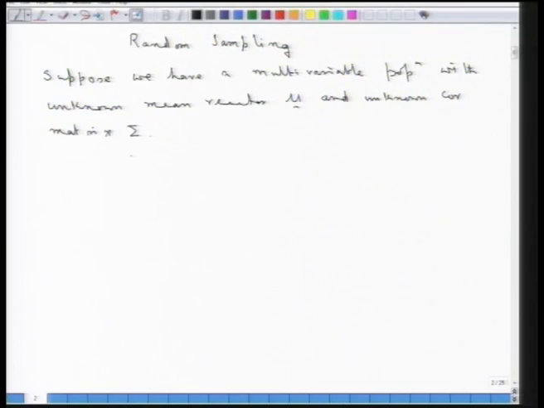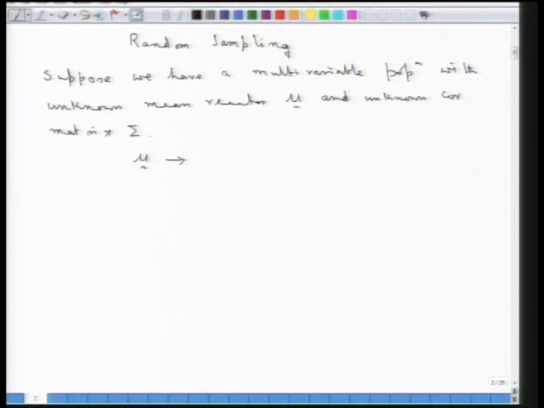So, the number of unknown quantities, the parameters present in that particular population, are the following. This mean vector leads us to p unknown quantities, because it is a p dimensional vector.